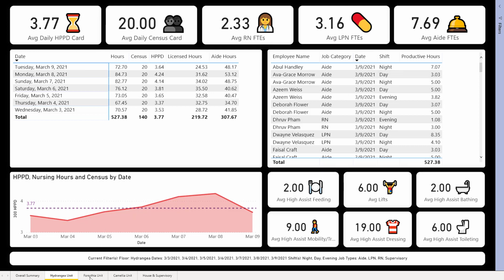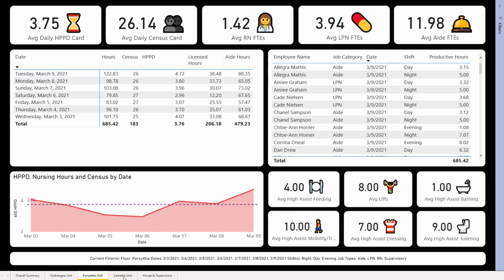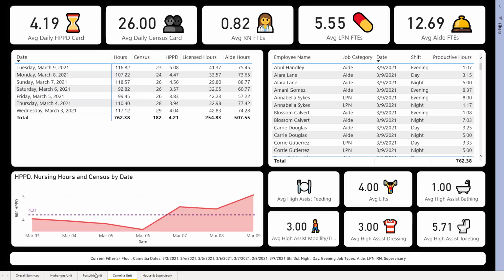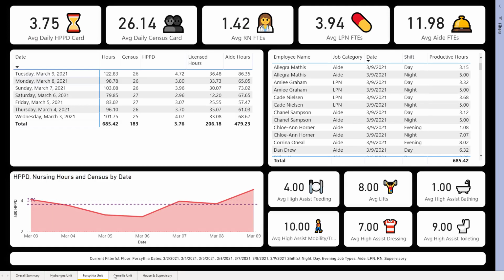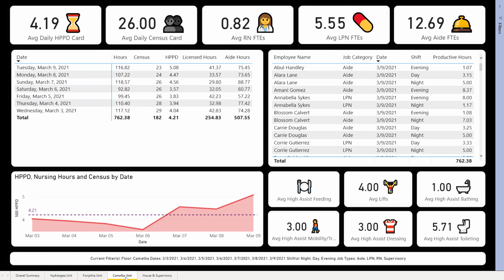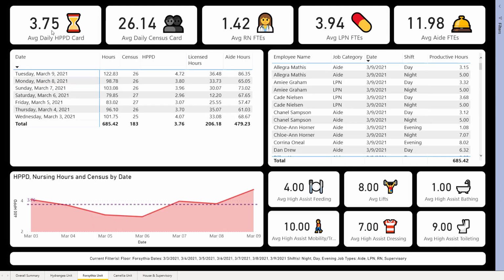Now, the last thing I wanted to go over is a scenario that we often deal with. I'm going to use these 2 units. There's a Forsythia unit and this other unit, and you notice the HPPD for this particular unit is 3.75 over the last 7 days. And take a look down here.